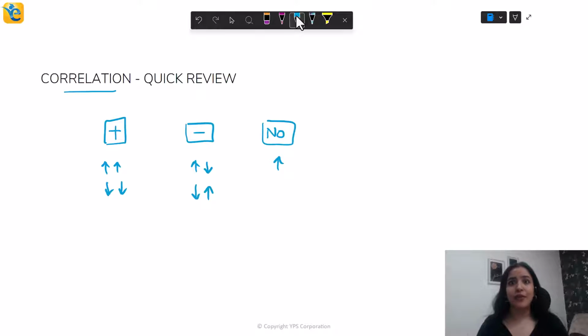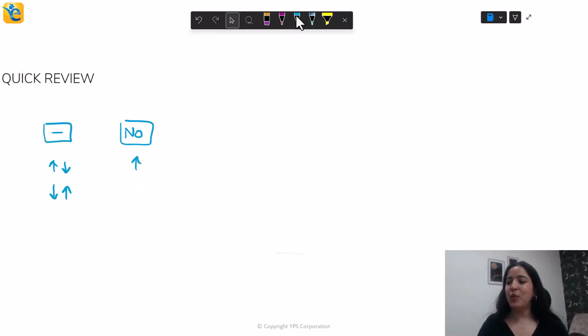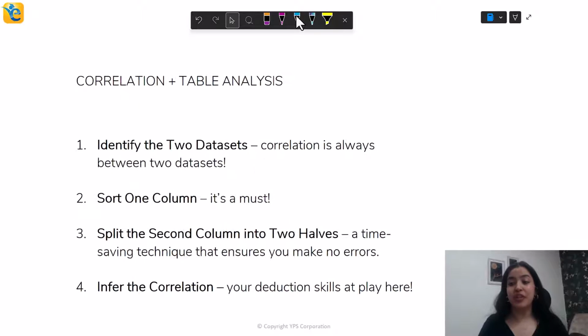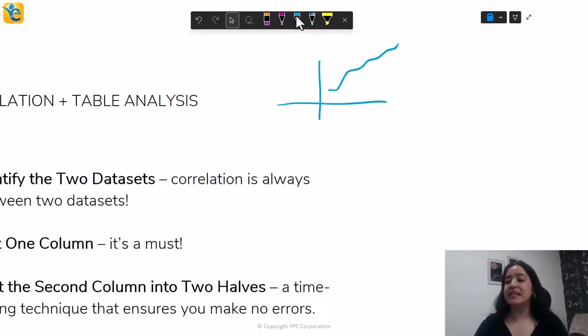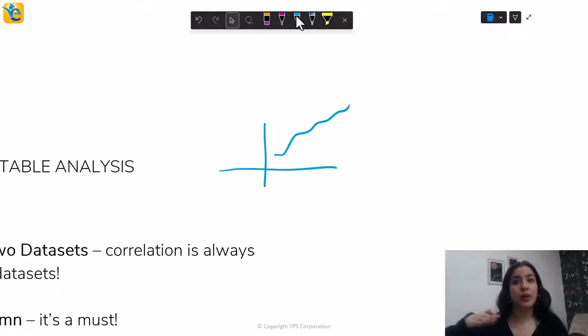Okay, quick review done. Now, you want to really infer correlation from data presented to you in the form of a table. While a line chart is very easy to read, if you see something like this, it's going upward. It's an upward sloping chart, which shows there is positive correlation.